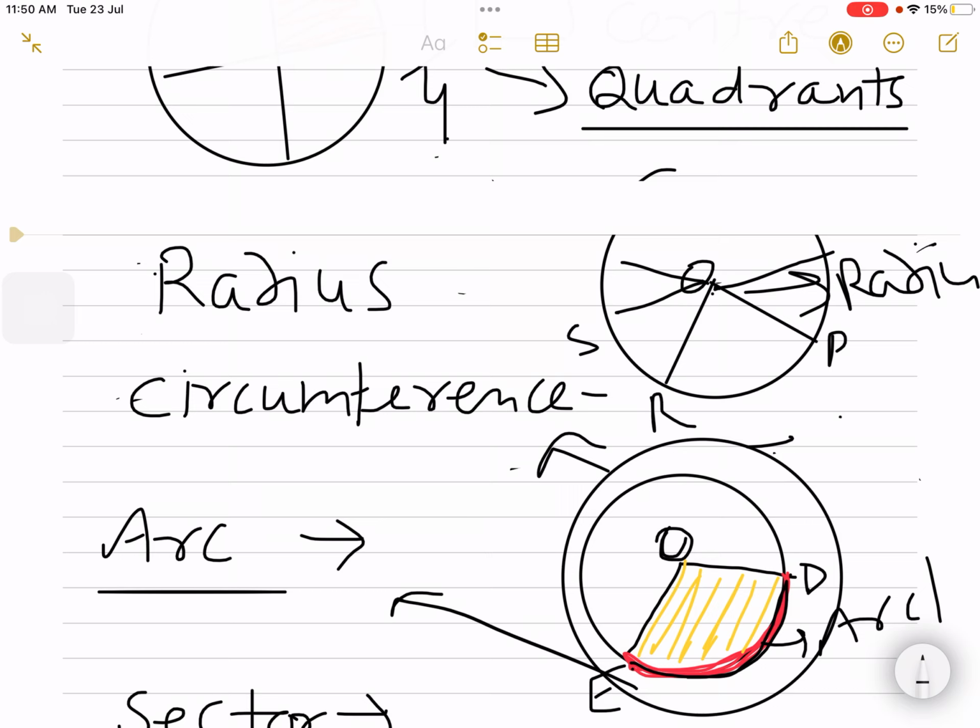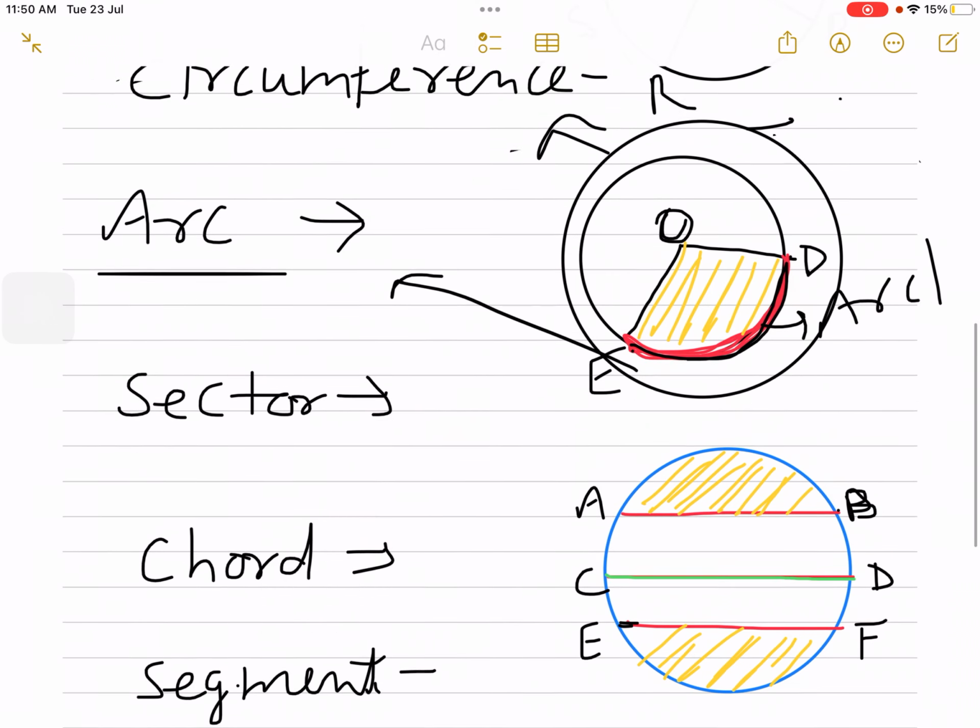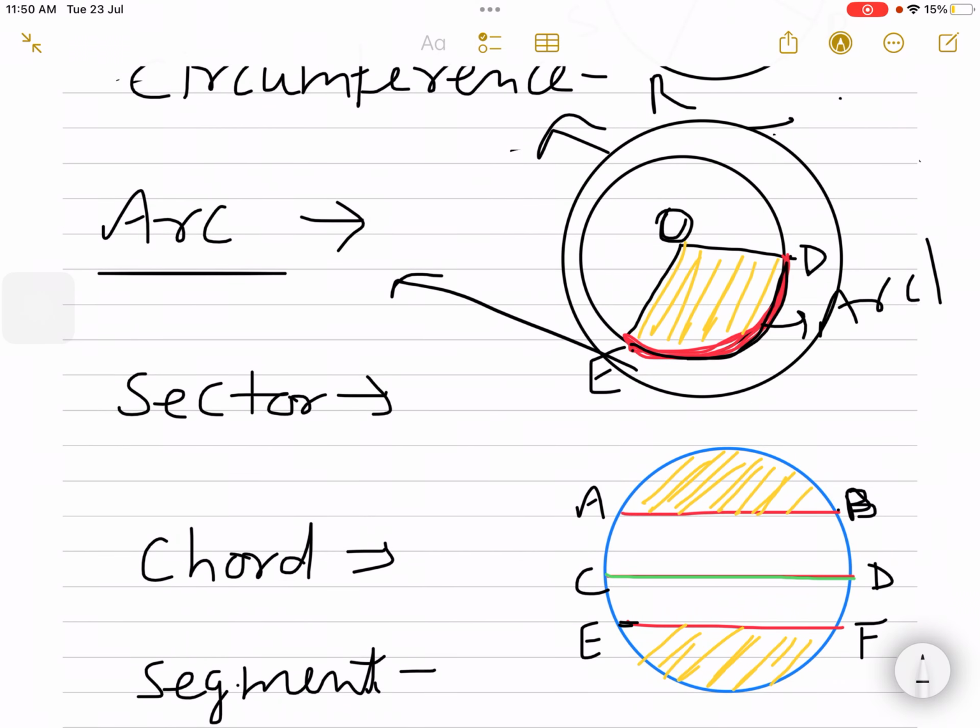Now move for next topic here, that is next part of the circle, that is sector. Okay, so here OD and OE are two radii of the circle, and the region between, the area between the two radii and an arc is known as a sector of the circle.